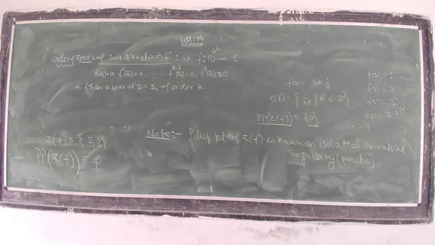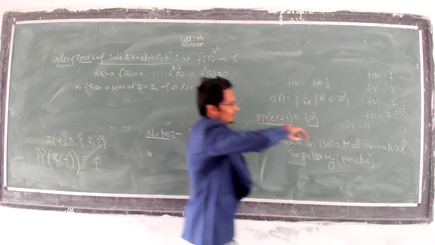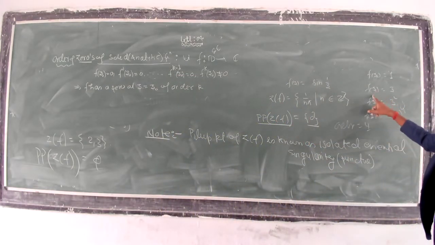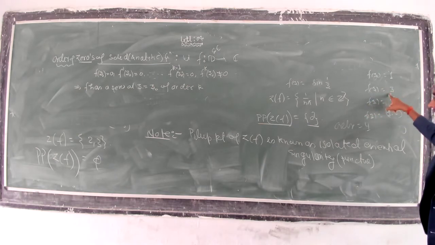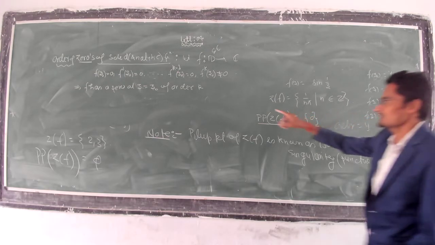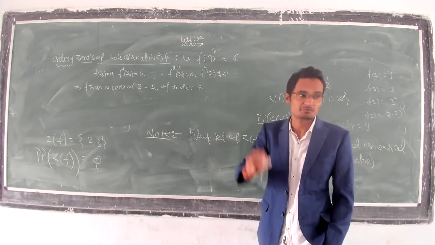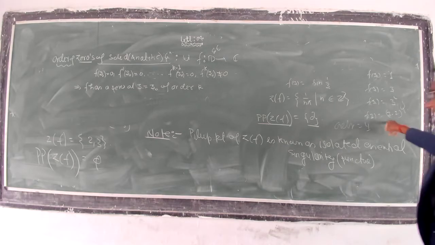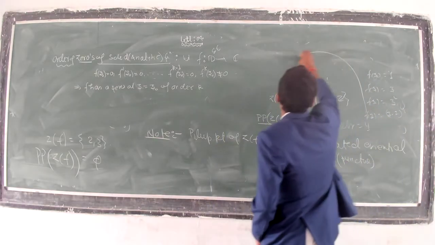It is clear to everyone? Yes, sir. So whatever I have written here is what was said mathematically there. If you remember, you said the order of tending to 0 is 1, right? If f(z naught) equals 0, but the first derivative is non-zero, the order is 1. So you have to keep on finding the derivatives. The minimum order at which the derivative is non-zero will be the order of the zero. See here, f(z) is equal to (z minus 2) to the power 4. Let us check this by mathematics.